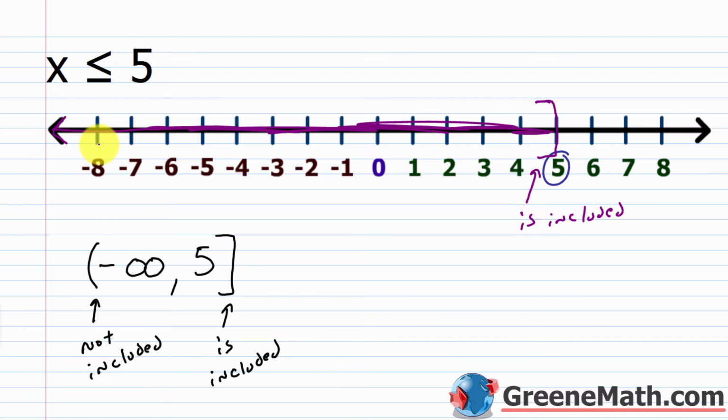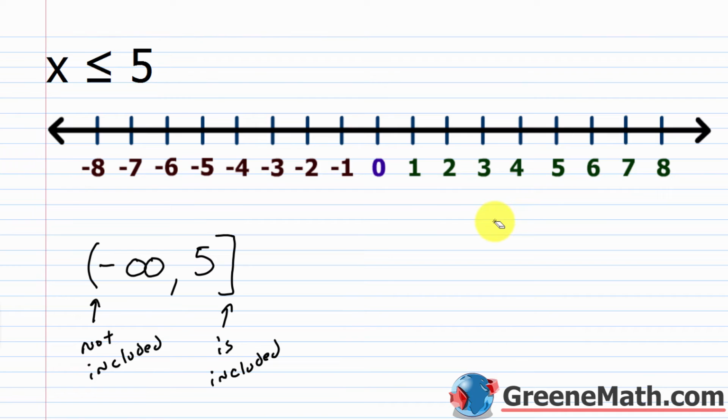So again, the main takeaway here is that if you're using a parenthesis, you're saying that the number is not included. If you're using a bracket, you're saying it is included. Now, not to confuse you, but I want to cover something that your teacher or your textbook might do. So I want to erase this real quick, just the graphing part.